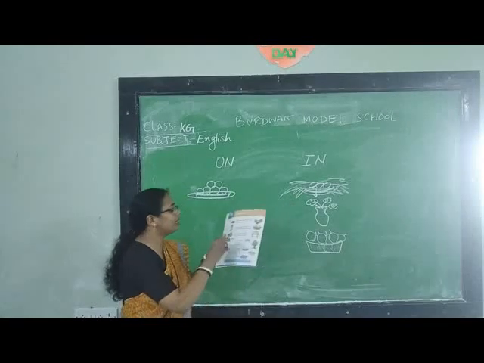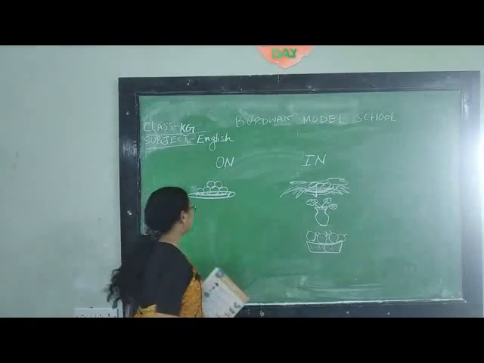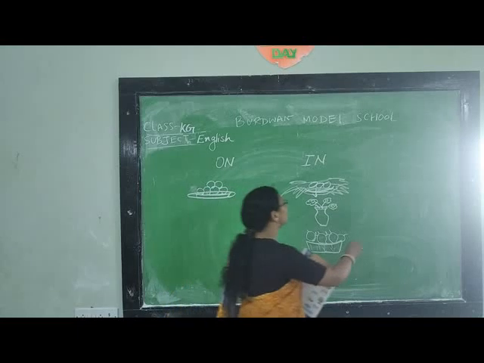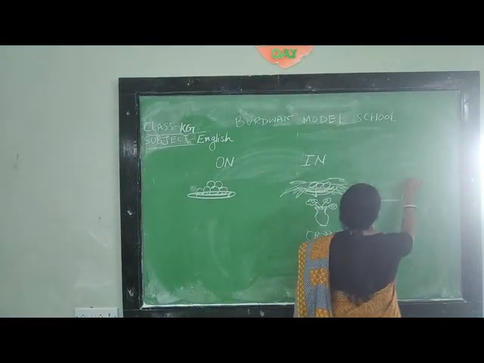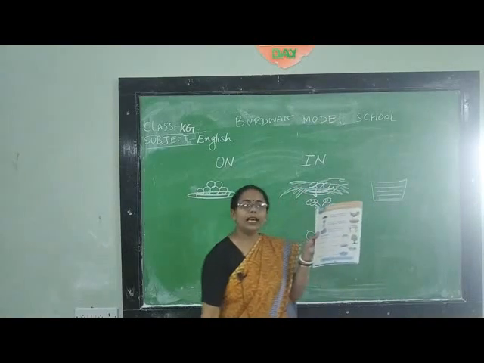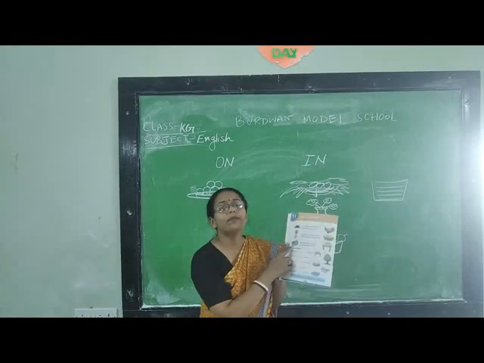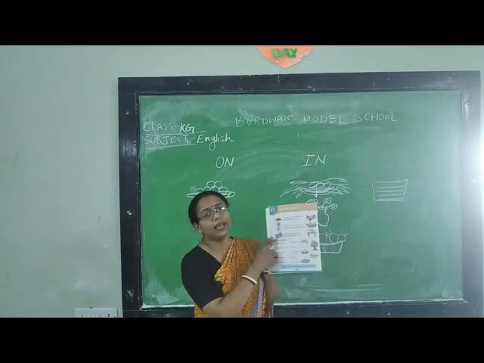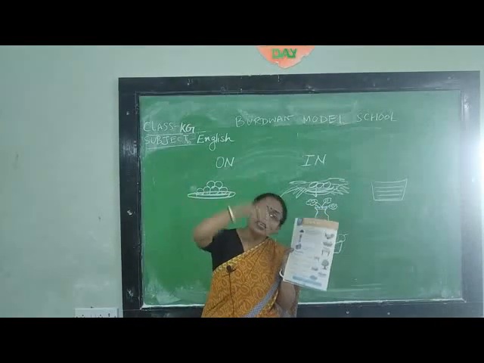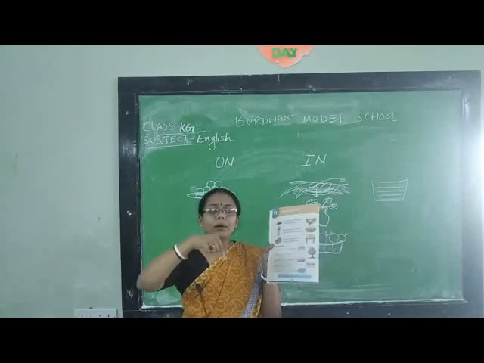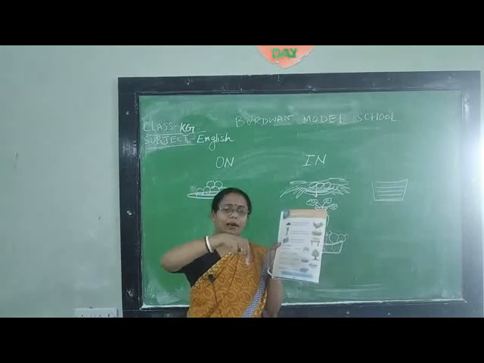Now let's go to the next picture. Here is also a basket, a very cute one, and something cute is in this basket. Yes, it's a puppy. So the puppy is in the basket.